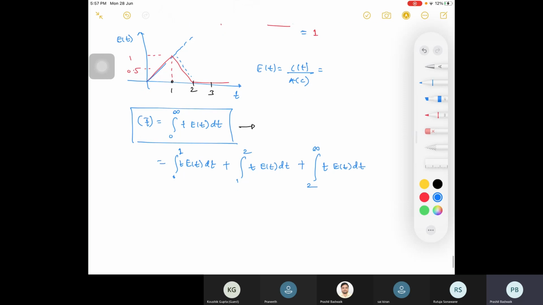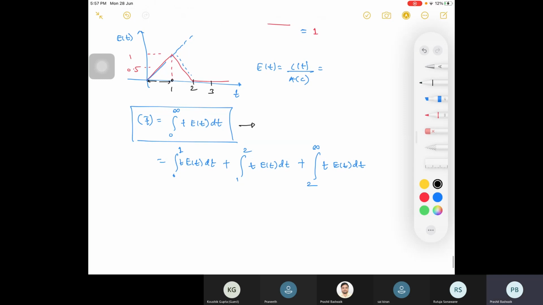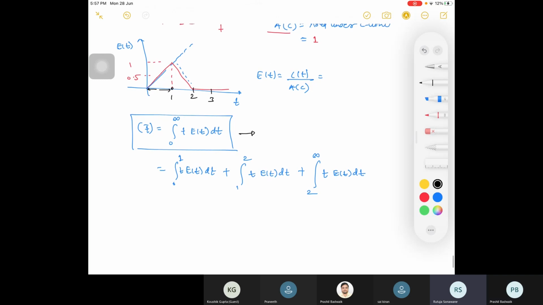Okay, so what is your value of E(t) in the first division? How can you calculate? E(t) is equal to t equation. How? You are having y is equal to mx, right?